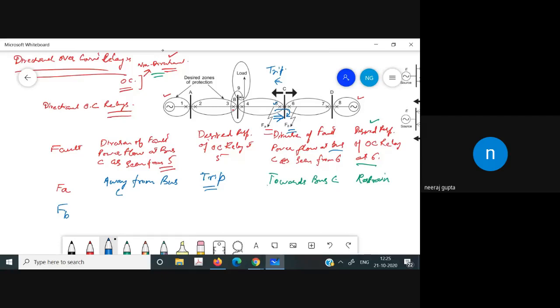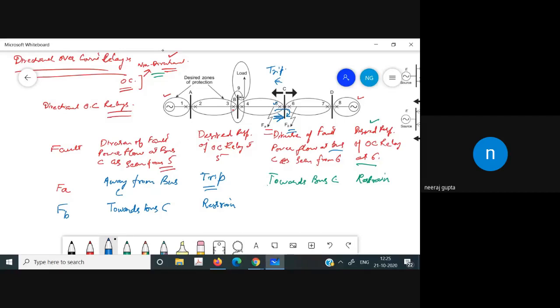So direction of the fault power is towards C. It will not trip, otherwise the desired zones are not created. It will restrain.